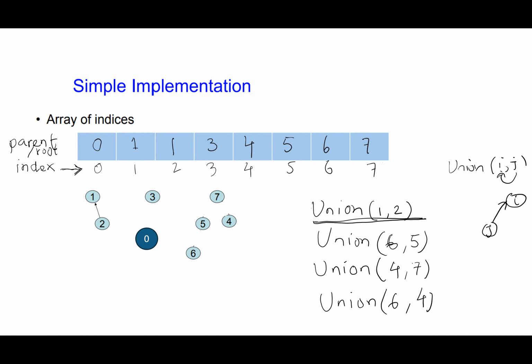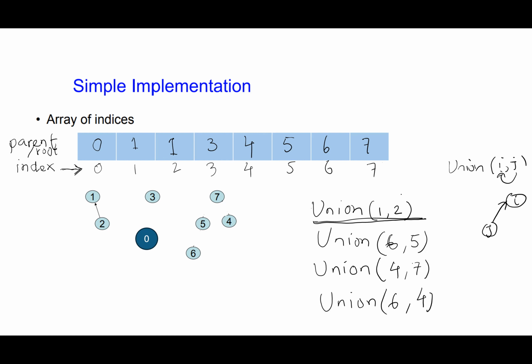Now this new parent becomes 1, because set 2's representative, the root, is 1, so I change it in the parent array. So basically I am representing the tree using an array, and then I do union of 6 and 5.